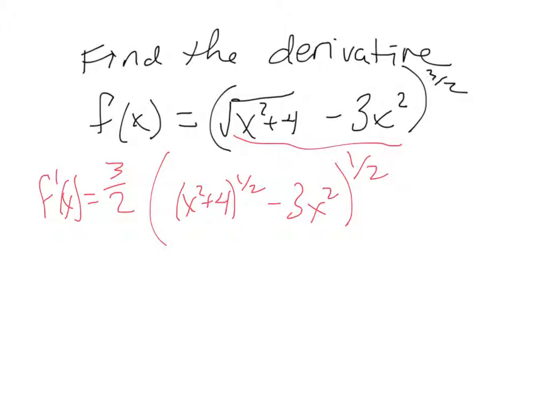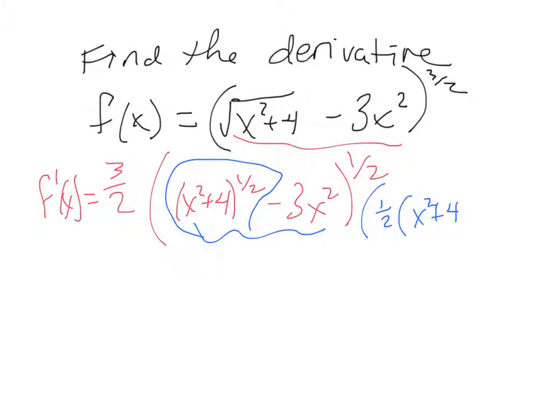So I did the first part, and now I have to worry about the inside. And this is the chain rule that you have to apply. So I did the outside, so then I have this as the inside, which is x squared plus 4. This is the square. This will go to the negative 1/2. And then I have to do the inside of this, which is 2x.